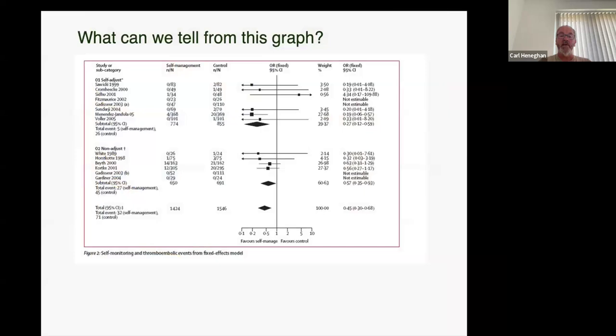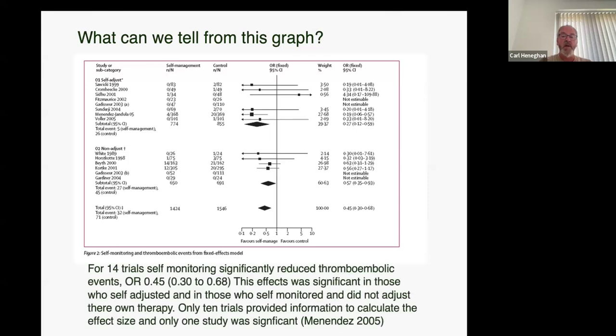And now, when you look at this, you can start to see what we can tell from this graph. What we do is make a very simple summary by working your way around it. There's 14 trials. It's important to note. We can see down here, it significantly reduced thromboembolic events. The odds ratio is 0.45, 0.3 to 0.6. It doesn't touch the line of no effect.